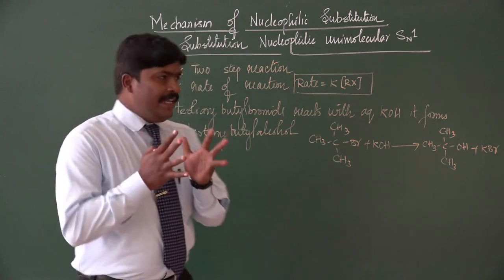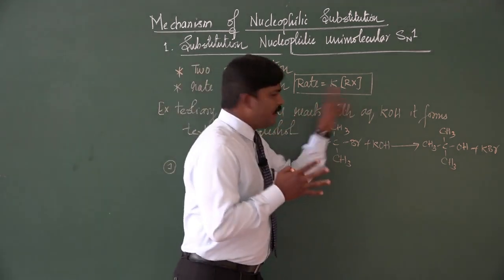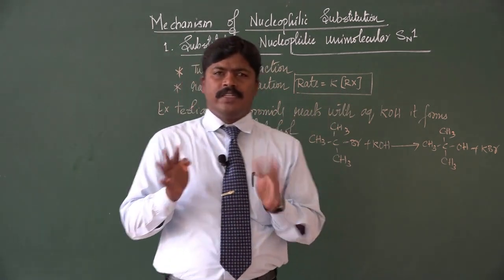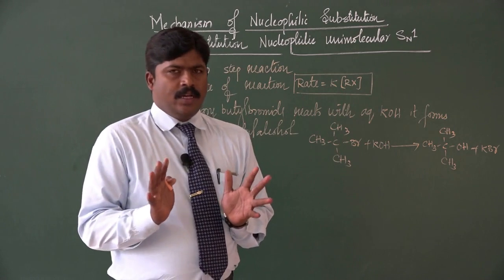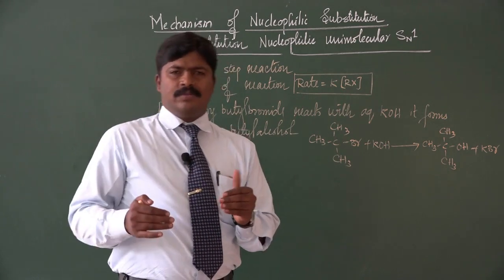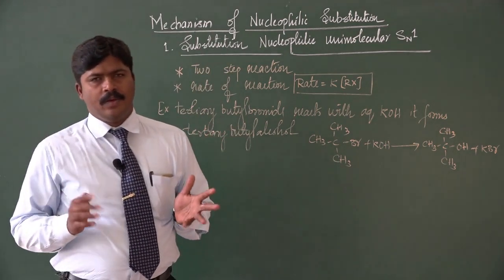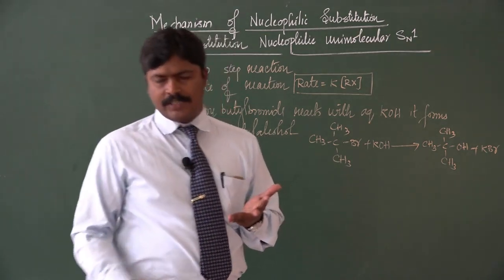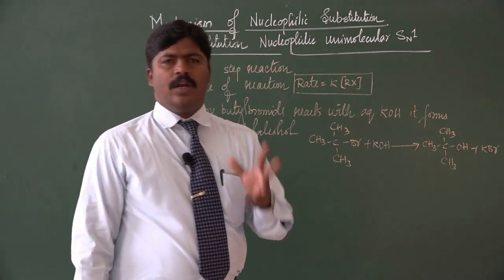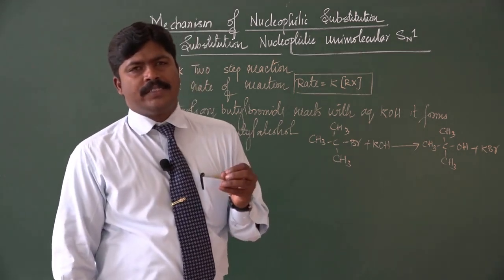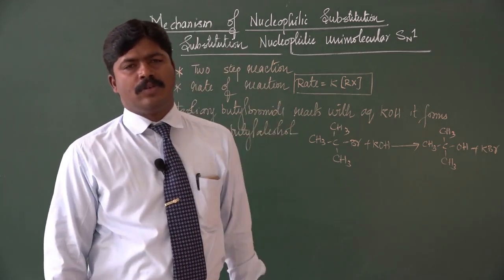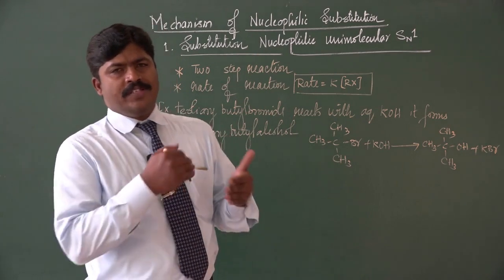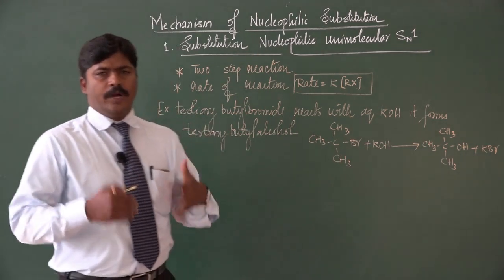Only the haloalkane is involved in deciding the rate of this reaction, not the nucleophile. Why, sir? Because in a mechanism there are two types of reaction: elementary reactions and complex reactions. A one-step reaction is called an elementary reaction. A complex reaction is a sequence of elementary reactions, with more than one step.